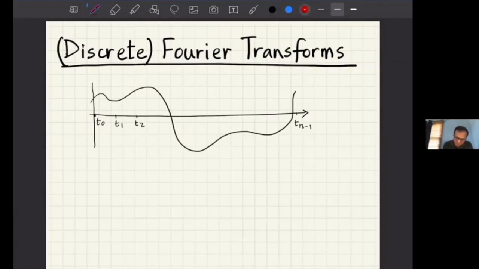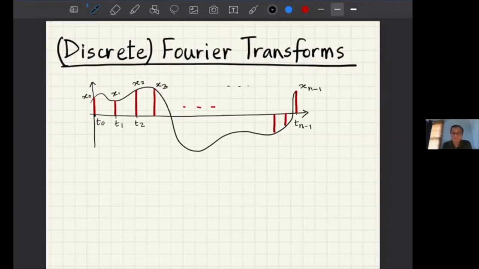And let's say your samples look like this. And let's call these samples x0, x1, x2, x3, and so on till xn minus 1.